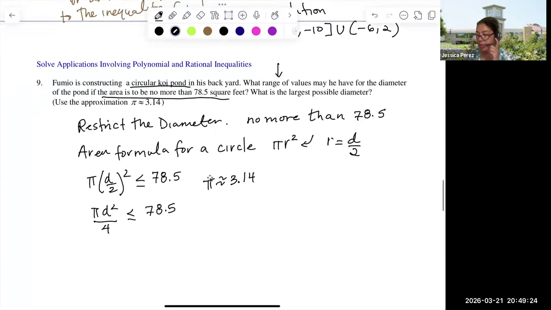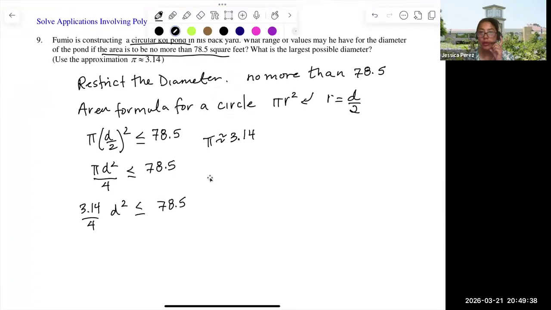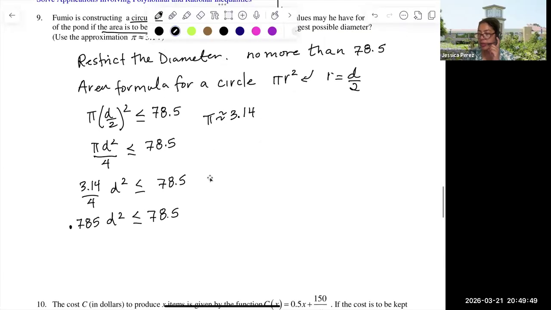So if we divide 3.14 by 4, what is 3.14 over 4? We punch this in our calculator, we get 0.785 d squared less than or equal to 78.5. Now we are going to be solving this inequality.